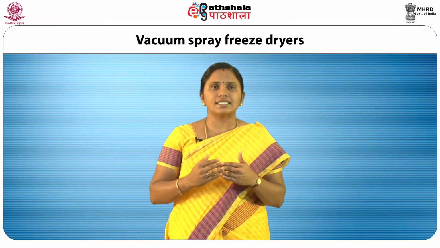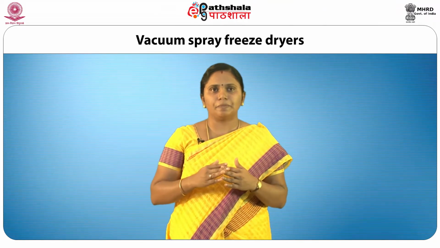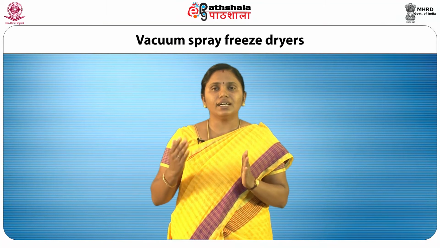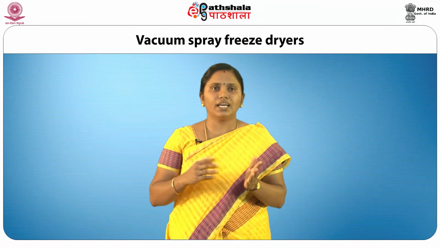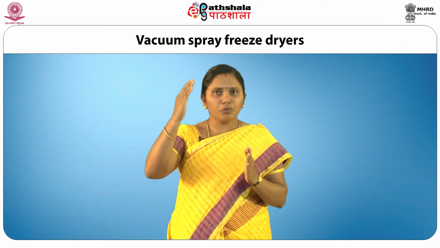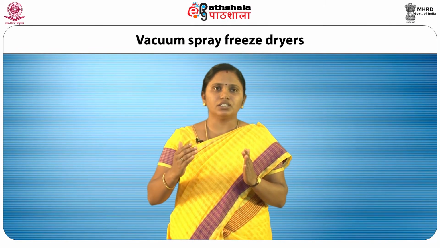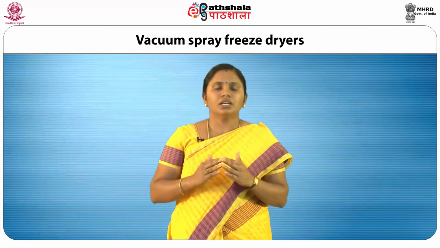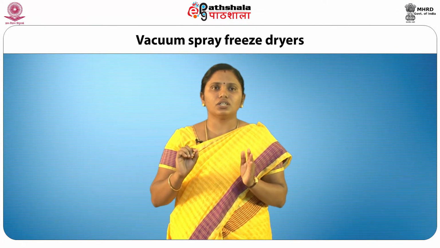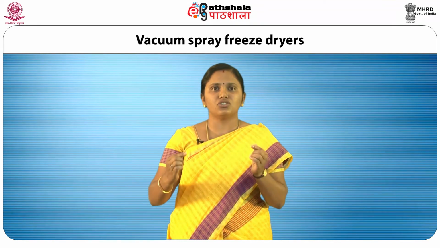The next one is vacuum spray freeze dryers. This type of dryer is specially designed for liquid foods such as coffee and milk. Liquids are sprayed at the top of the cylindrical vacuum tower at a very low pressure. The liquid product with 30% pre-concentration is sprayed at the top of the drying chamber.